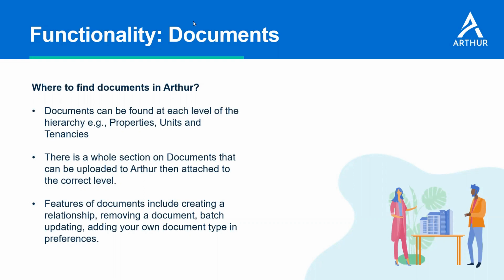You can upload it to the hierarchy, or you can upload it to the main document section in Arthur. And there's loads of features in documents that we'll be showing in a minute. You can create the relationship, you can remove a document, you can batch update those, and then also add your own document type preferences, which might not be on the list of document types we have in Arthur.